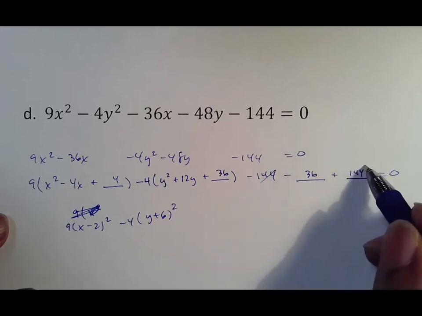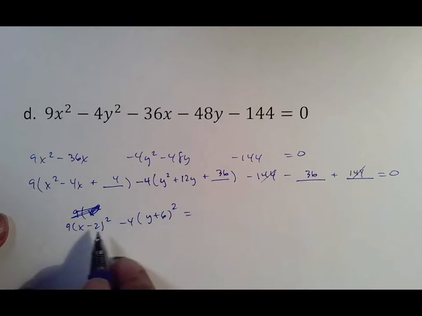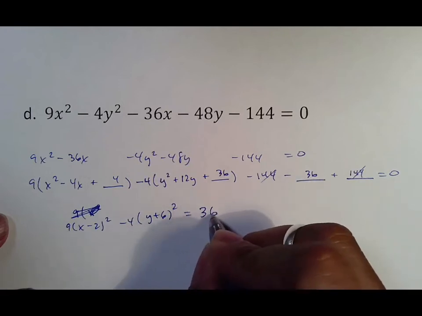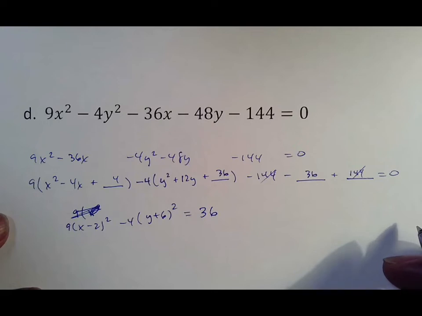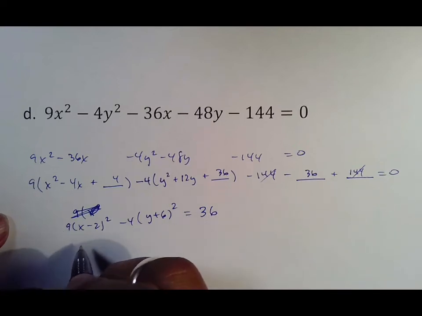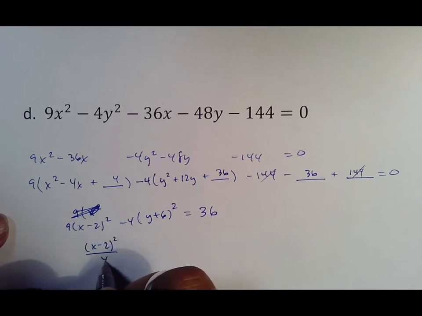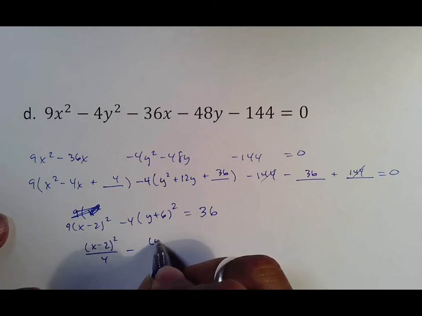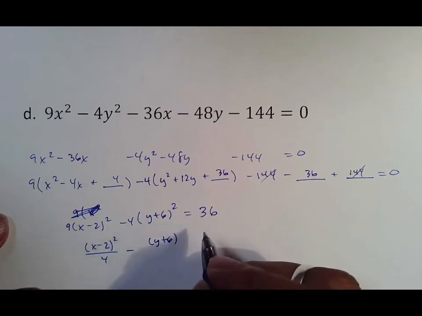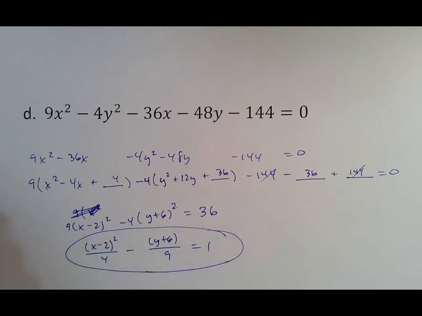Looks to me like those two things cancel, so minus 36. But because I know I want it equal to 1 since it's a hyperbola, I'm going to set it equal to positive 36. When I divide by 36, that's going to become 4, because 36 divided by 9 is 4. 36 divided by 4 is 9, and that is our goal.